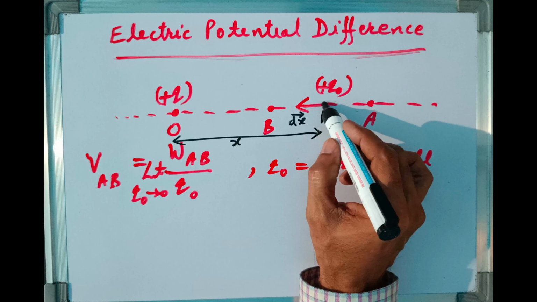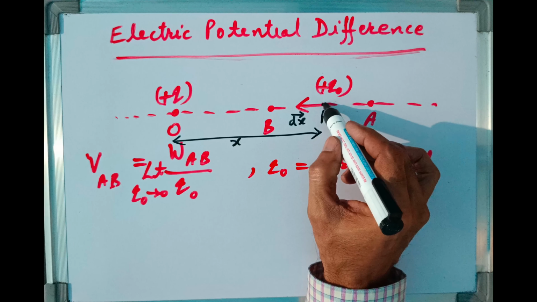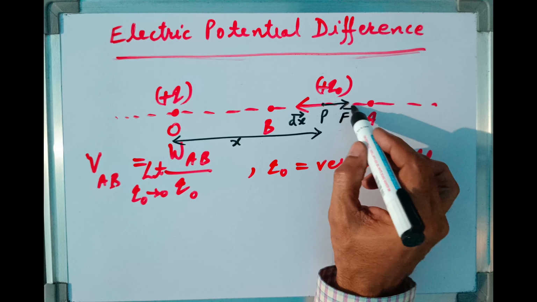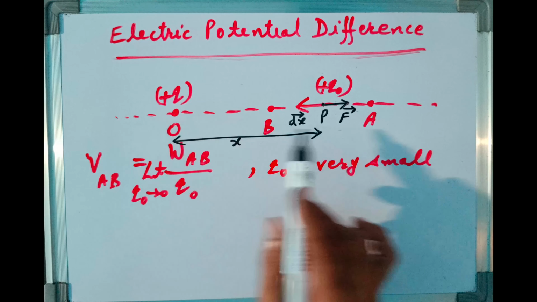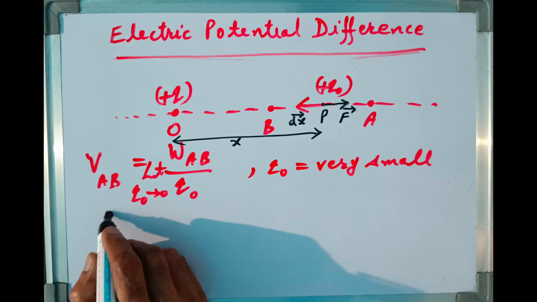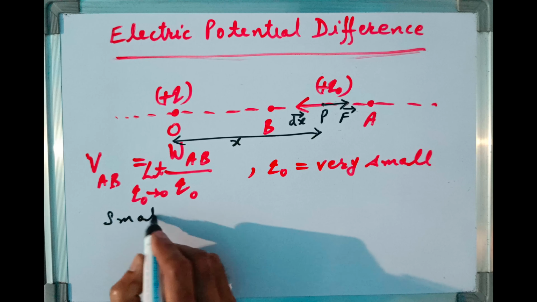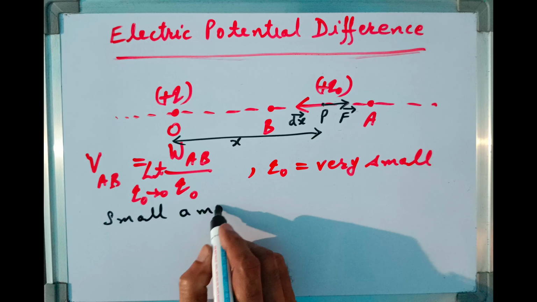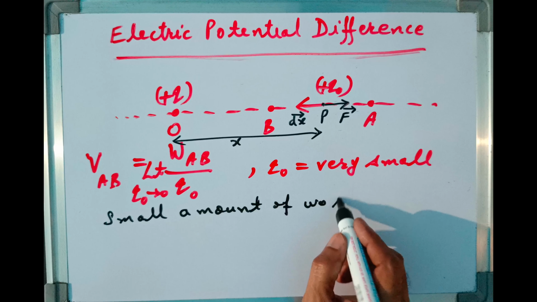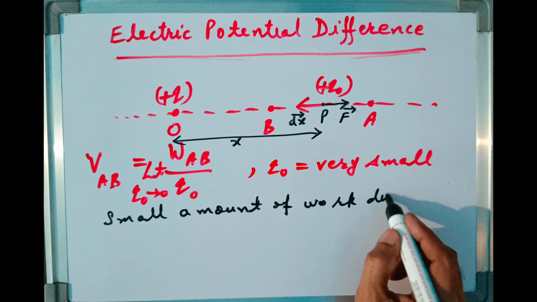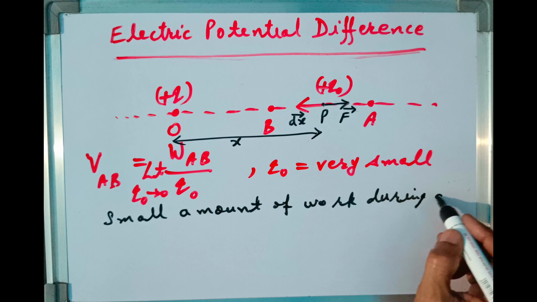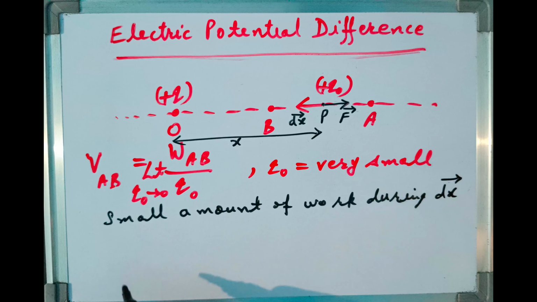When our test charge is lying at point P, it will experience electrostatic force or repulsion due to this source charge. It will be in this direction. So small amount of work done during small displacement I have denoted by dx vector.